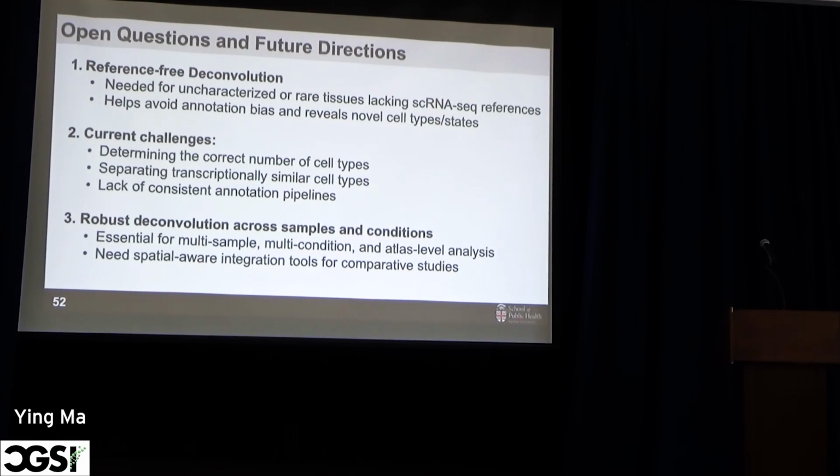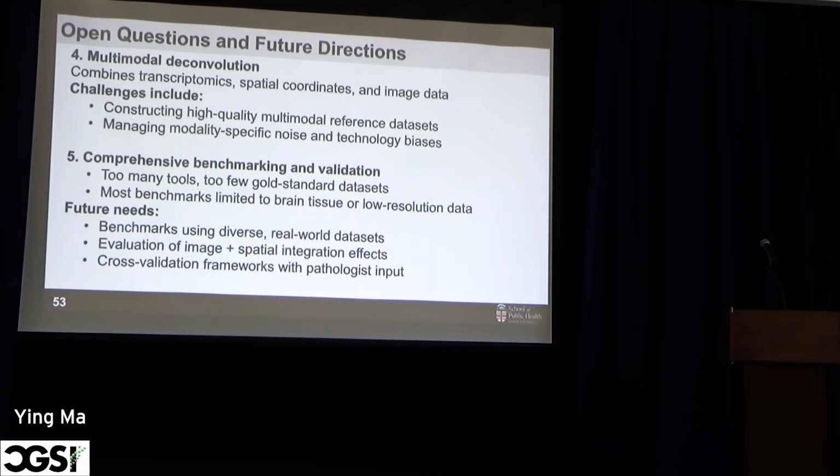All the methods that I introduced today only focus on deconvolution for a single spatial transcriptomics sample. However, now people are generating multiple samples, so it's essential to have multi-sample, multi-condition, and atlas level analysis. We also need spatially aware integration tools for comparative studies. And there will be methods for multimodal deconvolution, combining transcriptomics, spatial coordinates, imaging data, or even other omics modalities.